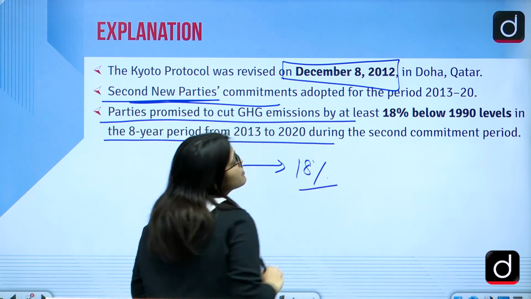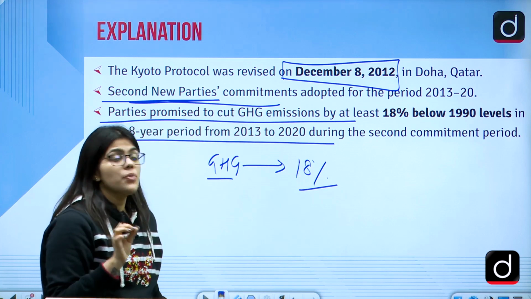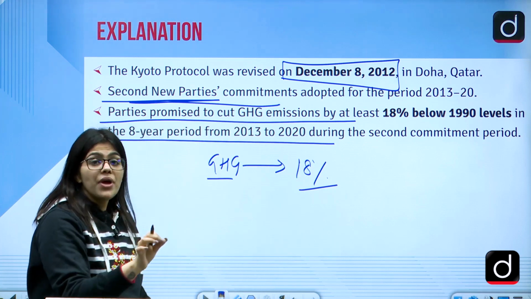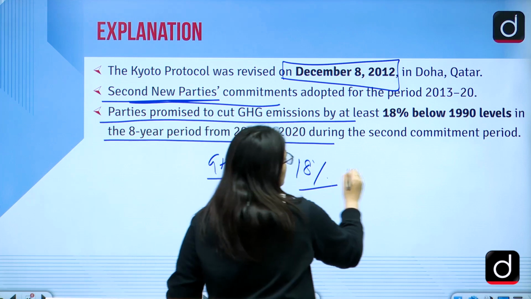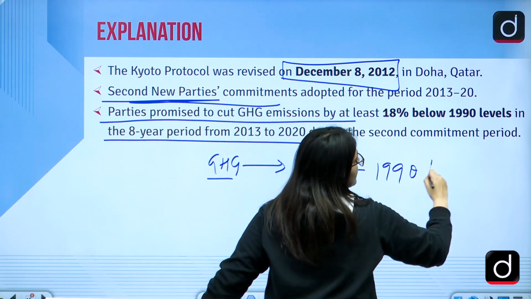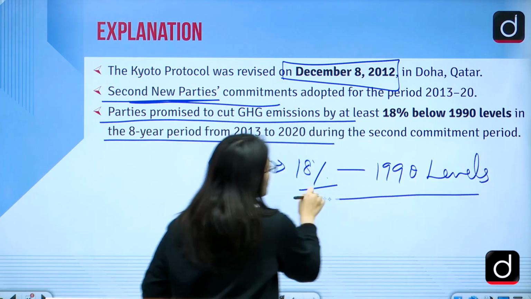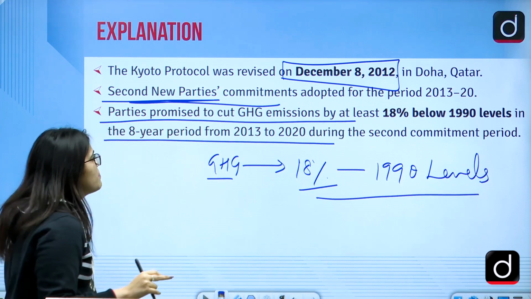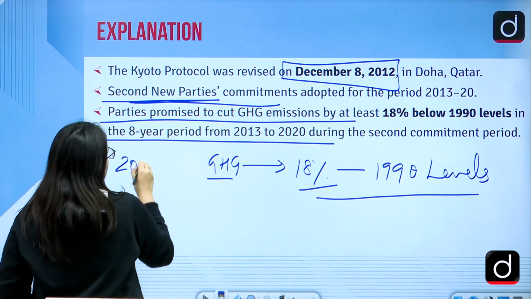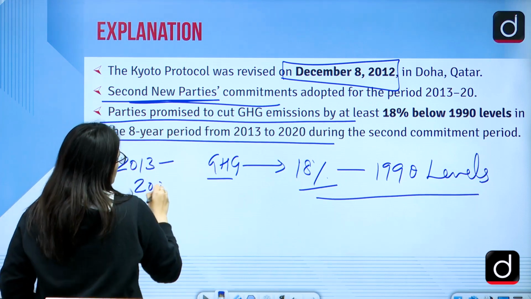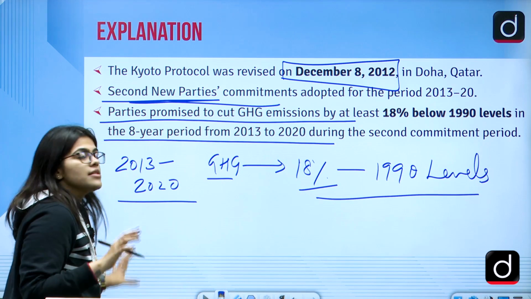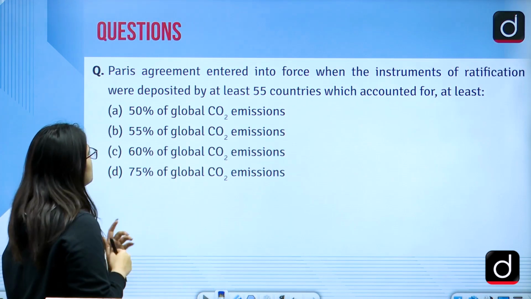They will reduce it by 18%, and this would be compared to the 1990 levels, right? So the second commitment period is 2013 to 2020, right? These are the few things that you should know.